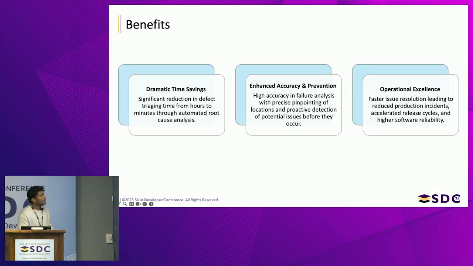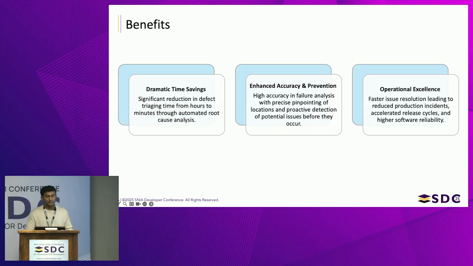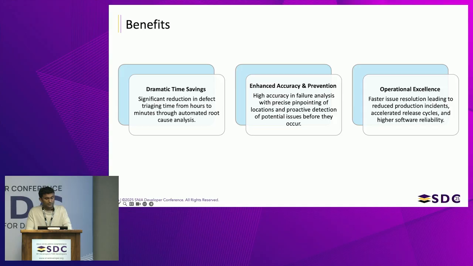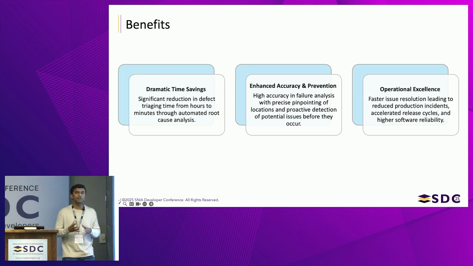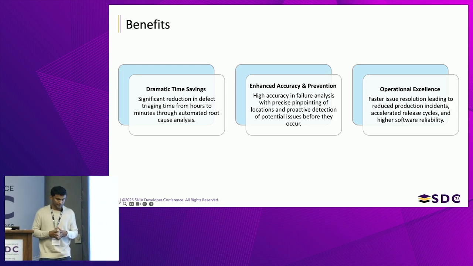Here are some of the benefits of the solution that we have. The first, of course, is a significant time saving in the triage process. If the same process is hooked on to the pipeline, I believe all storage systems have functional tests that we run based on some periodicity, like daily or weekly.